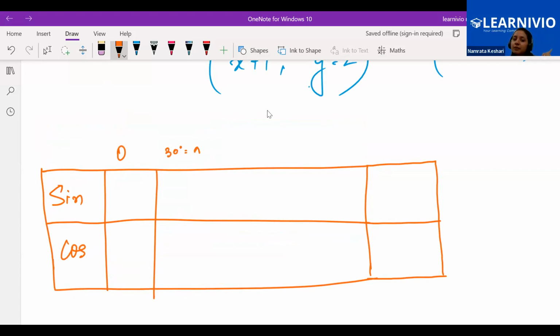That means pi by 30 into pi by 180. That means pi by 6.